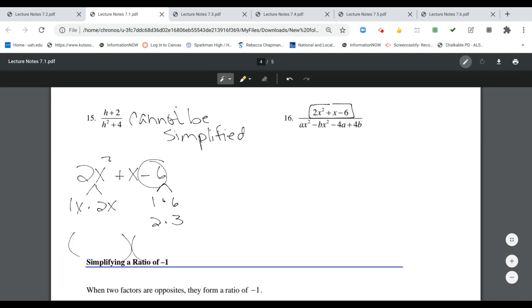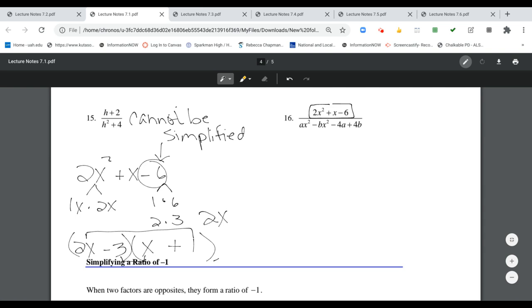So when I go to set up my factors, since c is negative, I know I'm going to need 1 plus and 1 minus. So I need to set up my factors carefully. So I'm going to use 2x and x. And then I'm going to put 3 here, and I apologize. That should be a minus here.